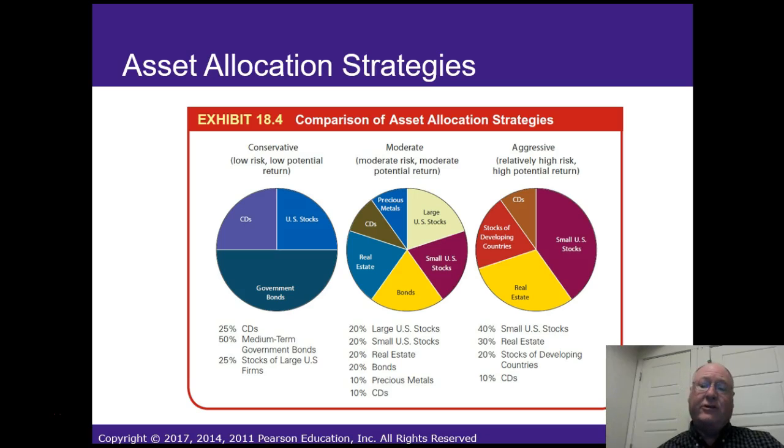You may decide to diversify stocks across countries, and so it's not just United States, but you may also go for stocks that are in other safer countries, or you could be more aggressive and go into developing countries.